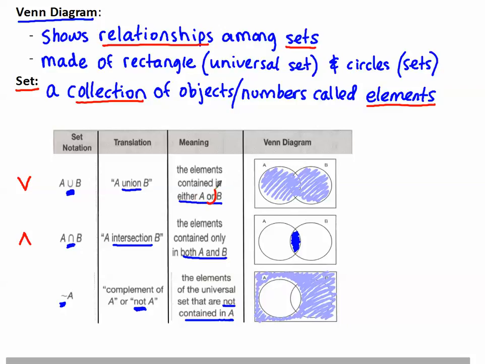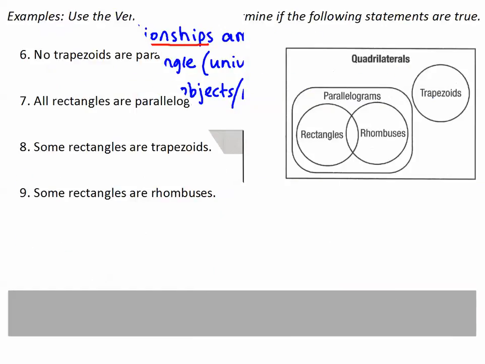Either A or B, so you get that OR symbol, the U for union, opening up, or the elements contained in both A and B, so that's like our AND. The intersection is an opening down type of symbol, but it's curvy when we do the Venn diagrams. It's pointy when we do the symbolic notation for translating arguments.